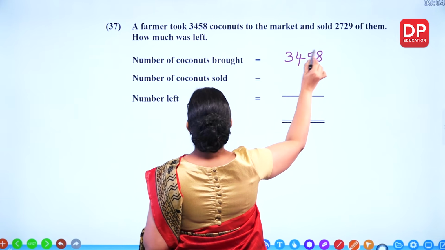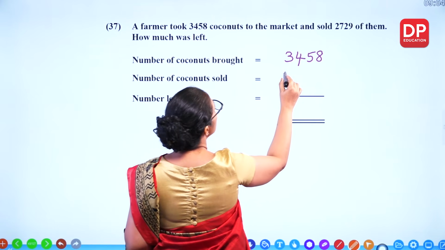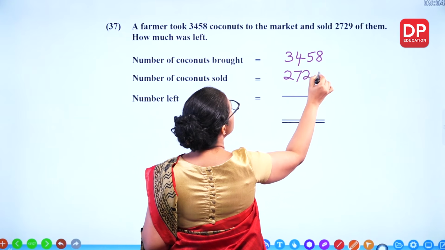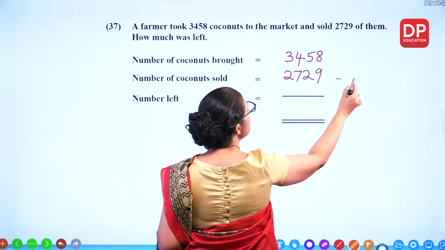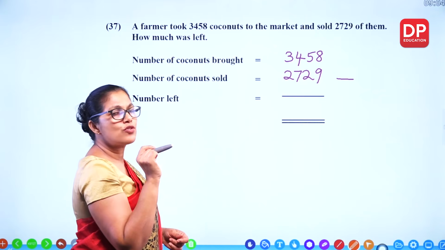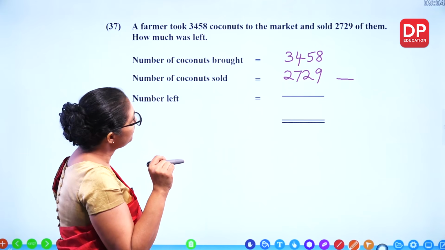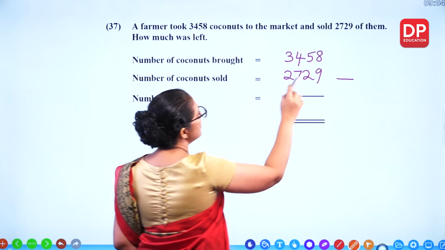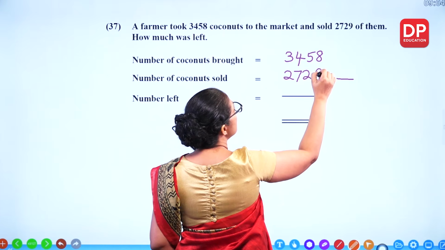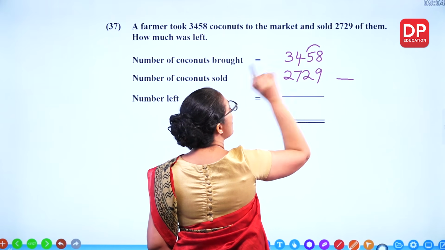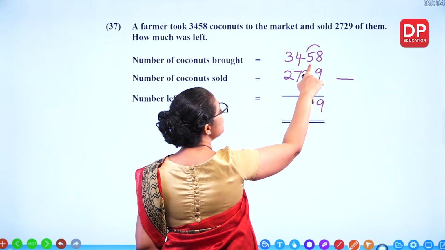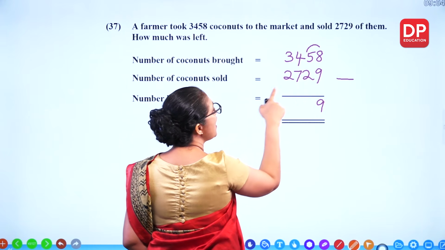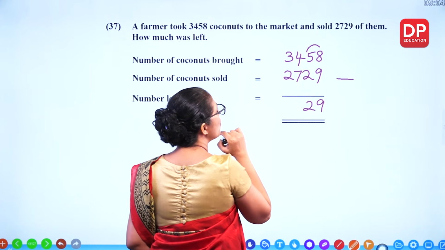3,458. And he sold 2,729. So what's the number left? That means we need to subtract the two numbers. We can't subtract 9 from 8. Take 1. 18 minus 9 is 9. Now this becomes 4. 4 minus 2, you get 2.